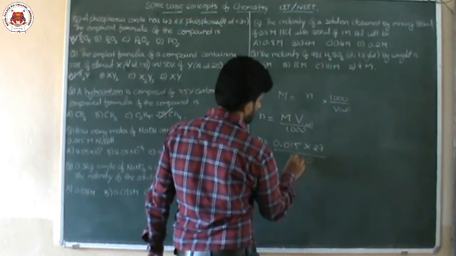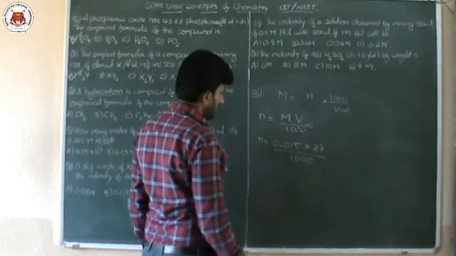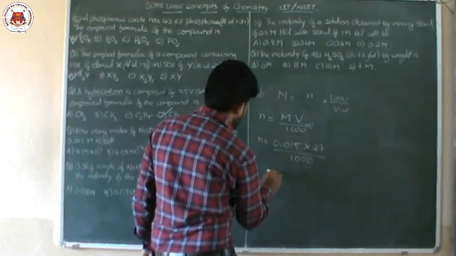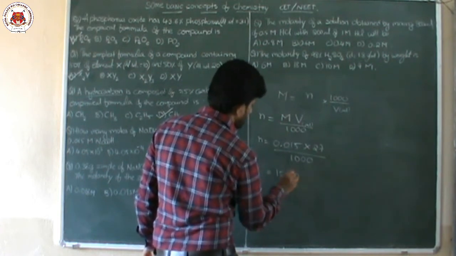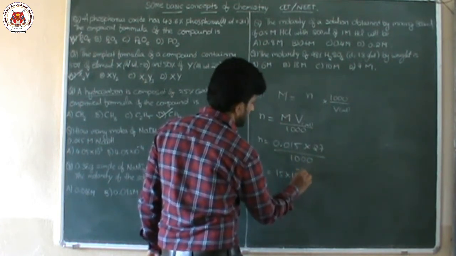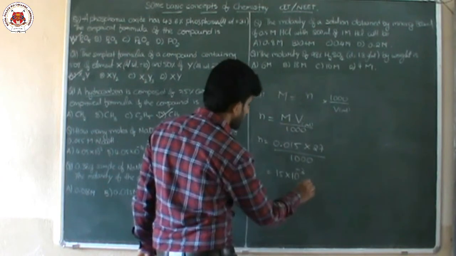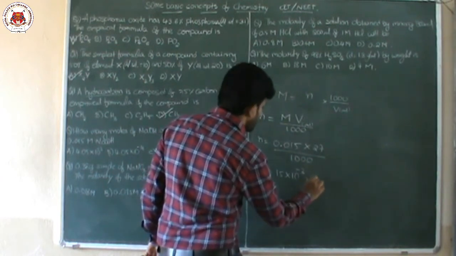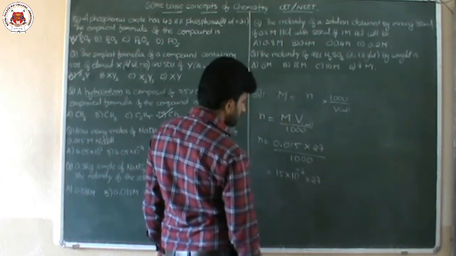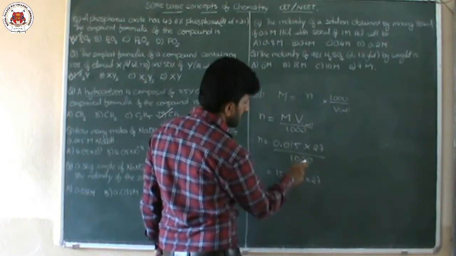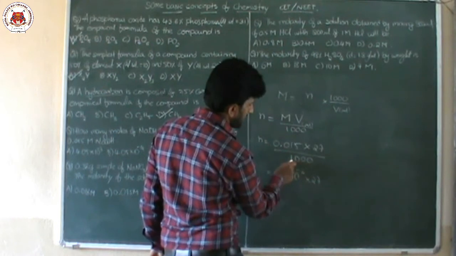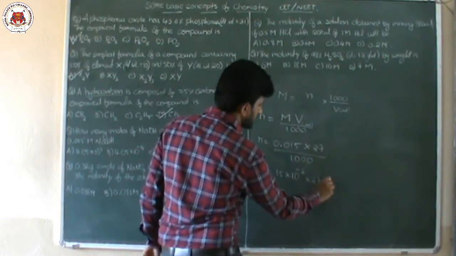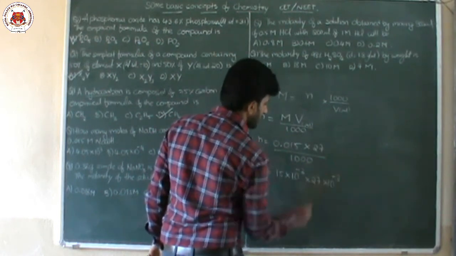This can be written as 15 into 10 raised to minus 3, into 27, and the 1000 goes to the numerator as 10 power minus 3.